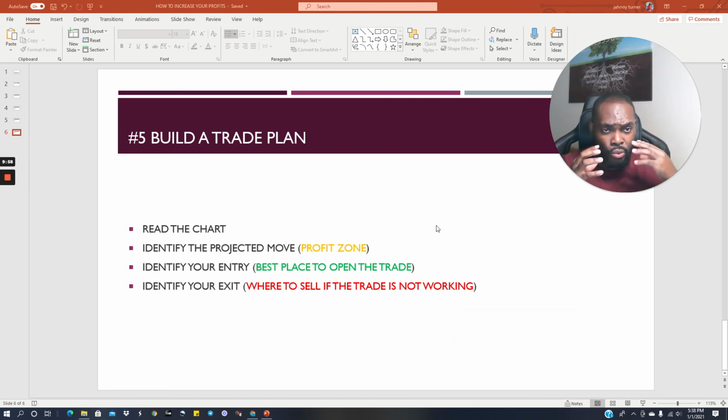All right. So when you build a trade plan, quick review, you're going to read the chart, number one. Number two, you're going to identify what's the projected move, if any, in this stock. Number three, you're going to identify where would I take the best entry? Where is the low risk entry for me to enter into this trade?